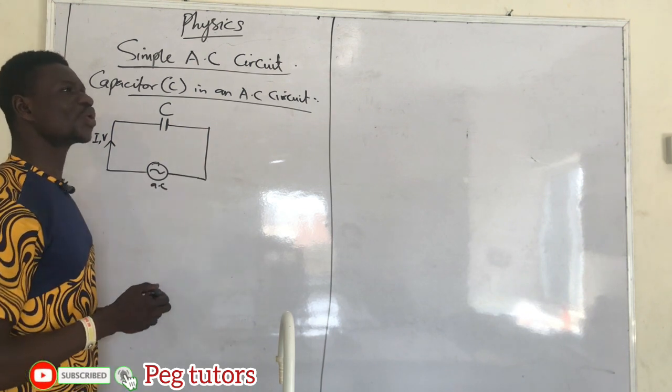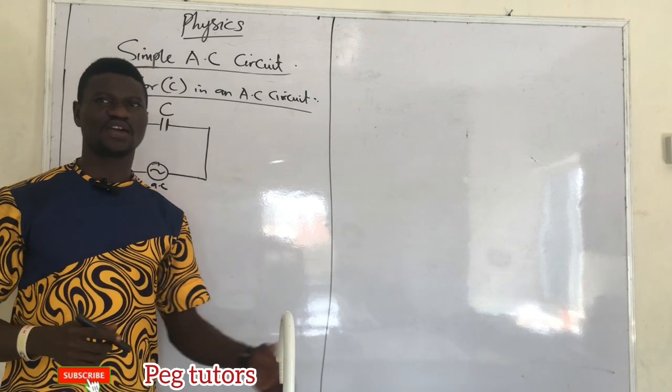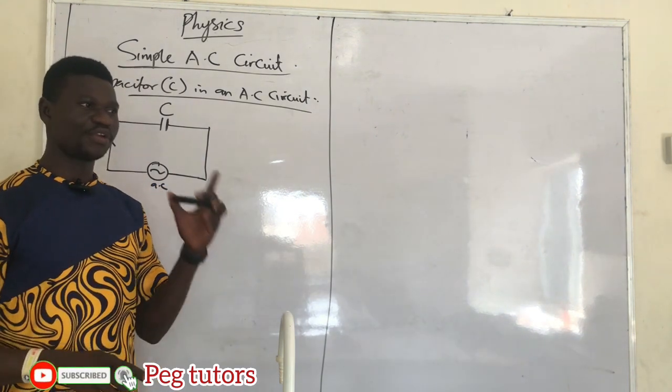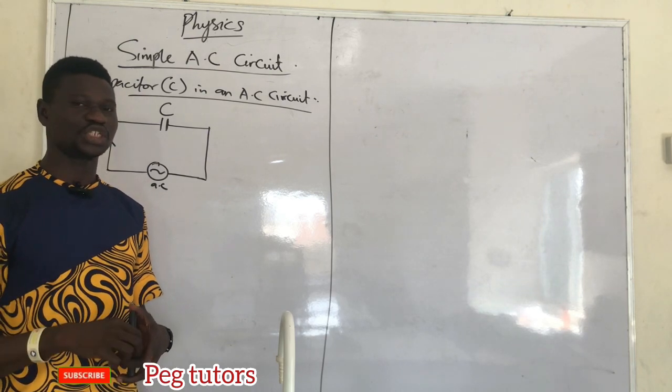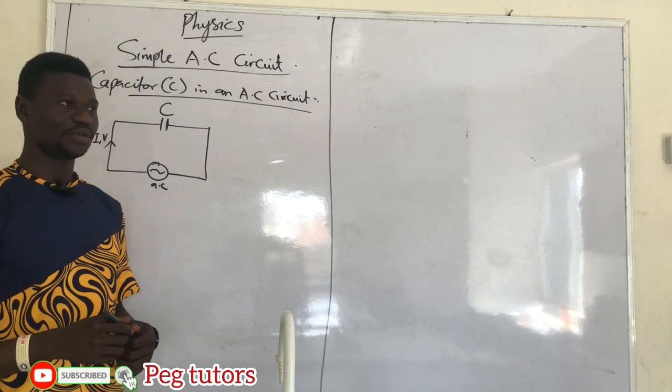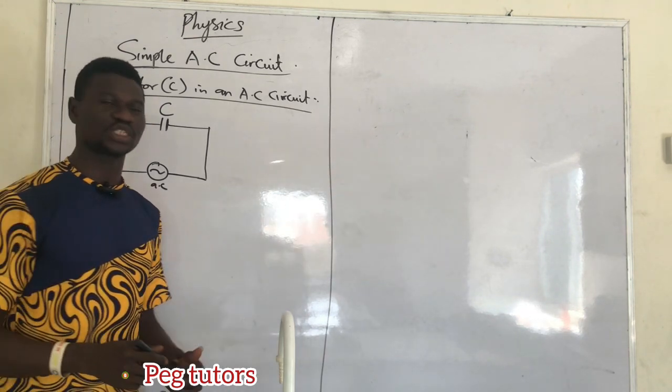When a capacitor is connected to an AC circuit, the current leads the voltage by 90 degrees. Remember, for an inductor, the current lags behind the voltage by 90 degrees; voltage leads current by 90. But in this case, current leads voltage by 90.